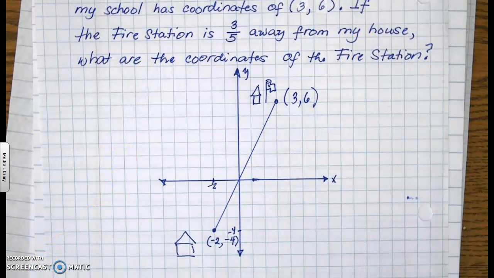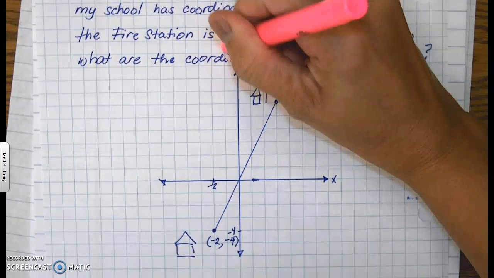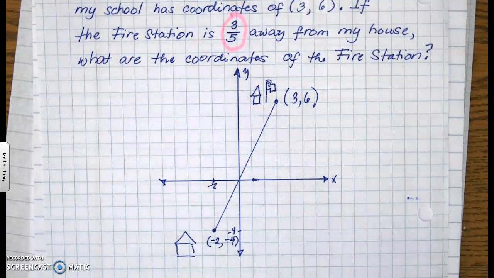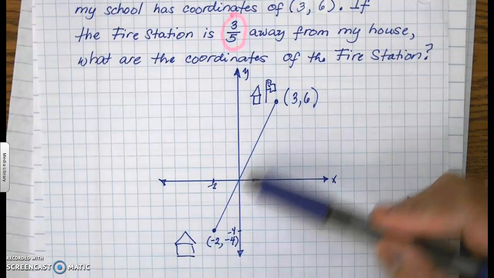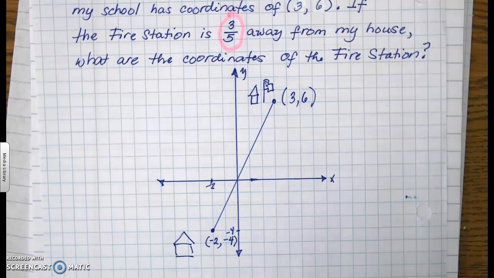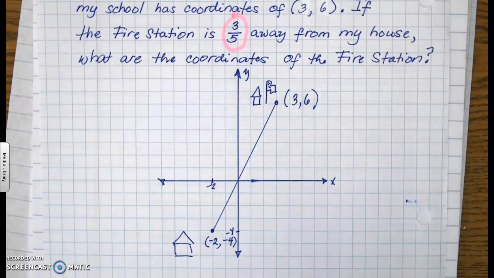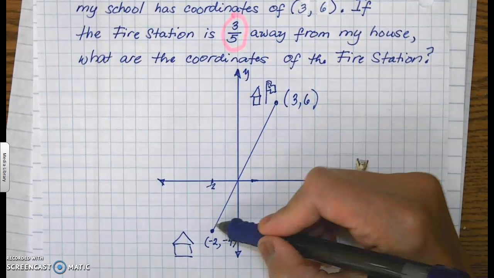So the next thing I did was to connect the points, and my fire station is 3/5 away. In my example, I made it to where I could divide up this line into 5 exact parts by doing the slope, rise over run.